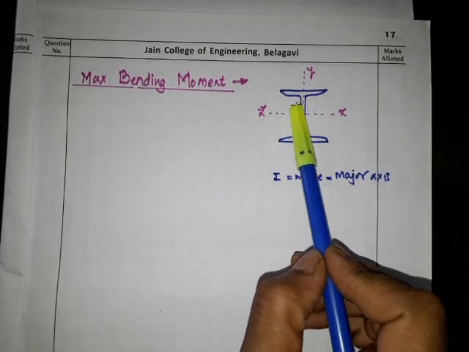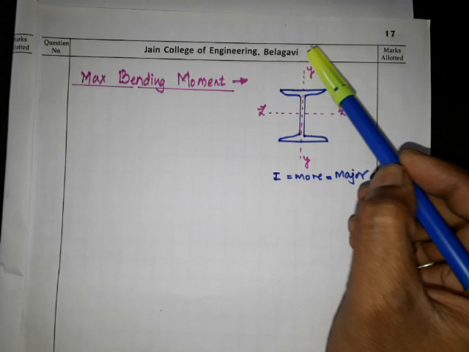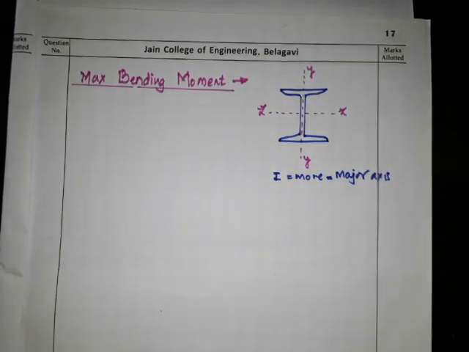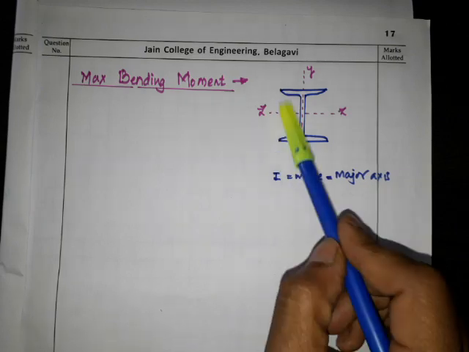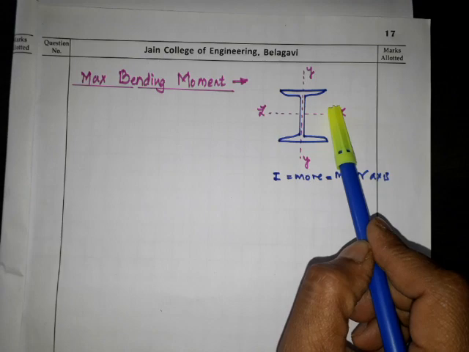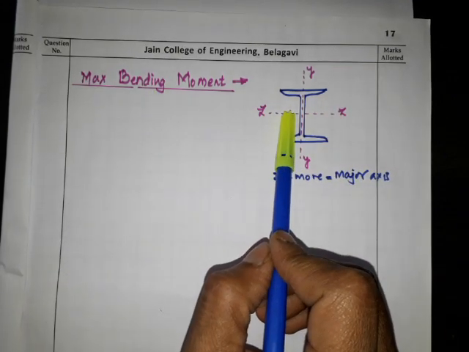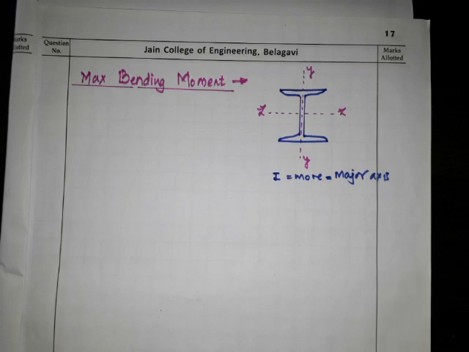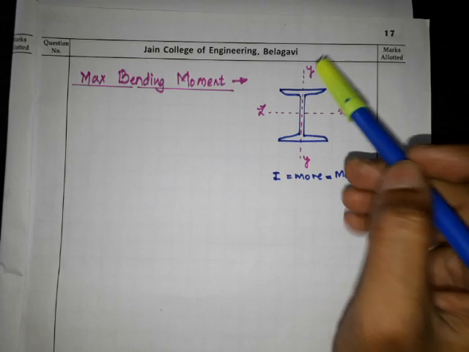When the vertical load is applied over this section, it will bend about the major axis, that is ZZ. And when the lateral load is applied, it will not bend vertically, it has to bend in the horizontal direction, and that will be considered with respect to the vertical axis, correct.